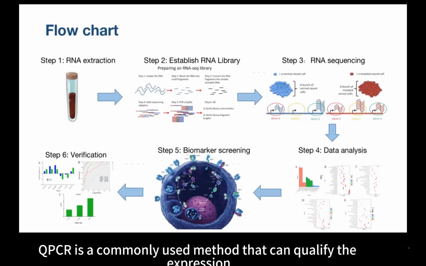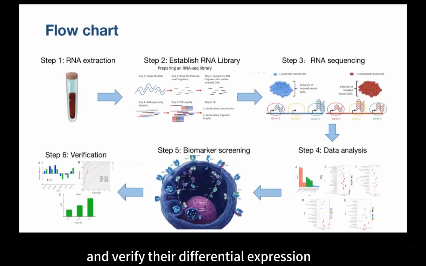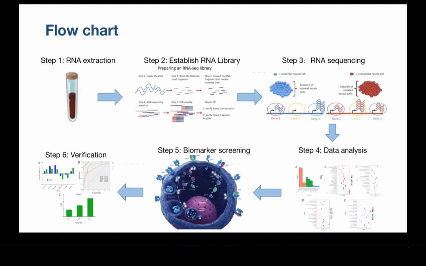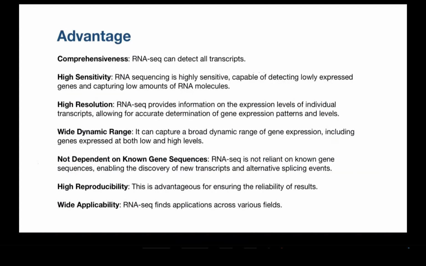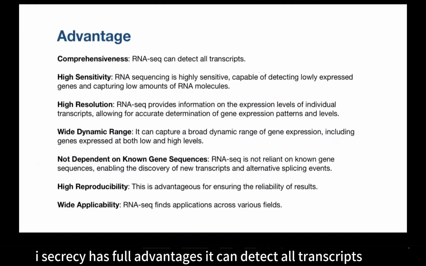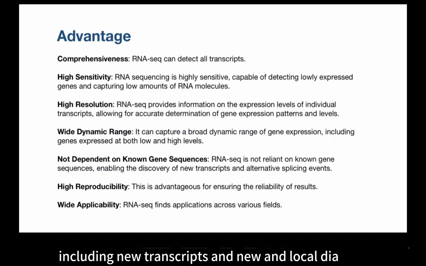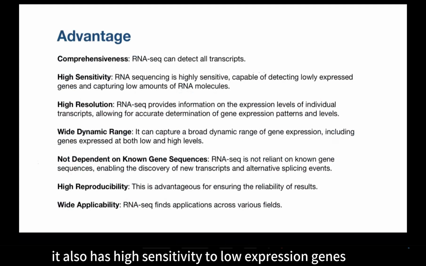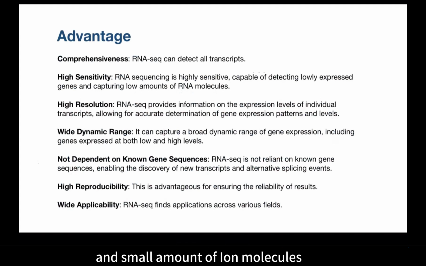Among them, qPCR is a commonly used method that can quantify the expression level of specific genes and verify their differential expression in RNA sequencing results. RNA sequencing has the following advantages. It can detect all transcripts, including new transcripts and non-coding RNA. It also has high sensitivity to low expression genes and small amounts of RNA molecules.